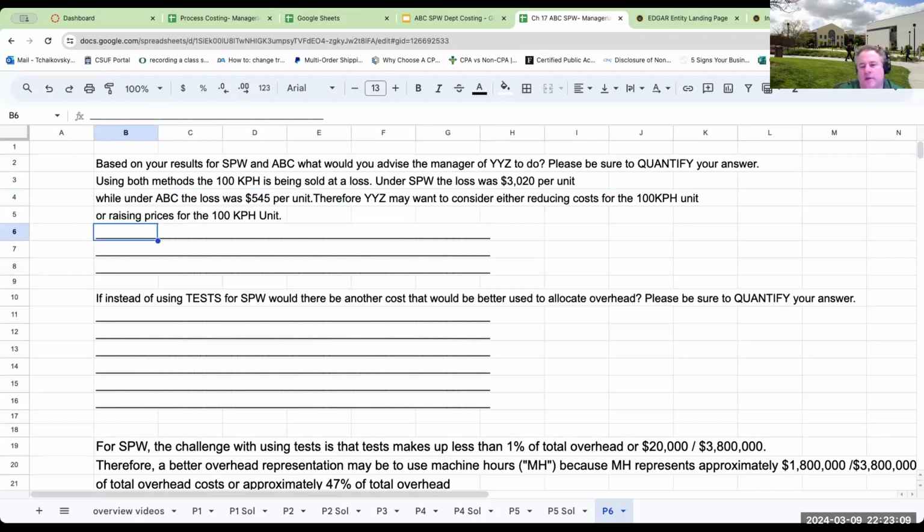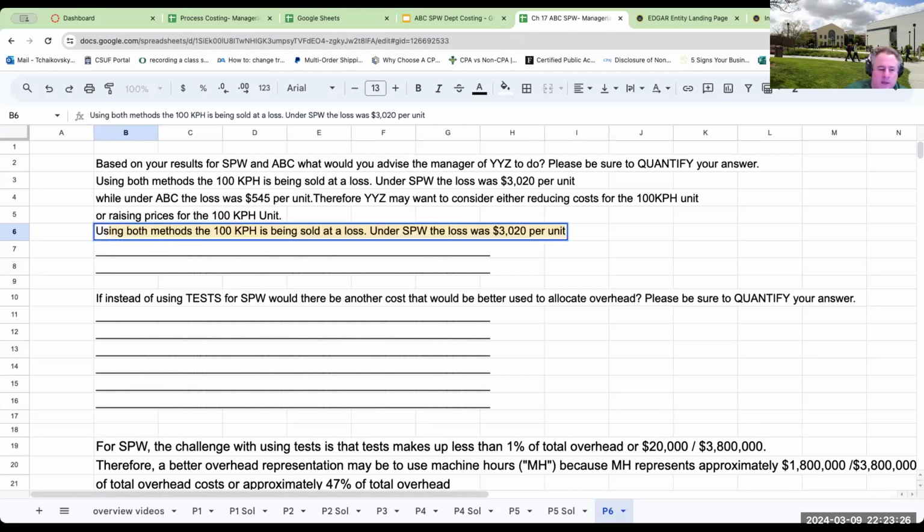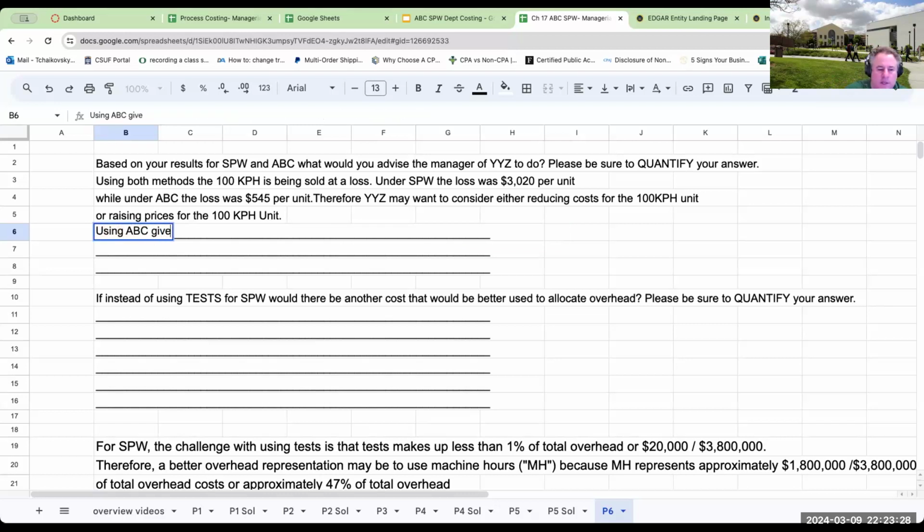Now, the other thing I would also say, right? So this is definitely one thing we can go through and say, and by using the dollar amounts, we're quantifying our answer. I would also say that using ABC gives much more accurate results. Okay.